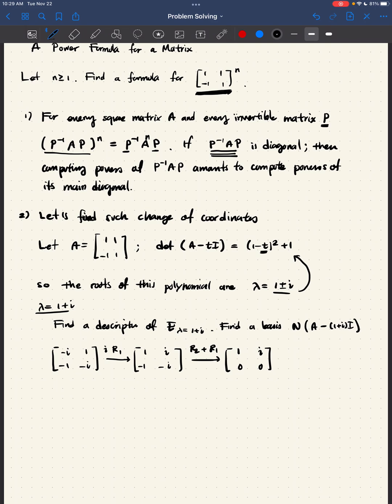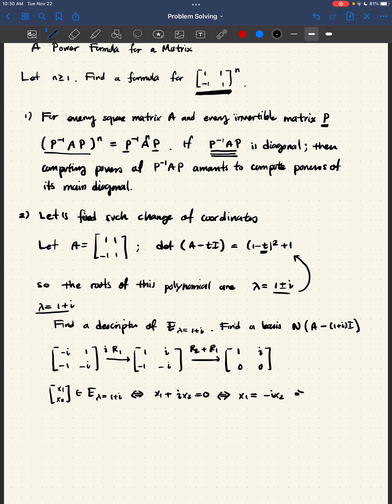So from this reduction, what we see is that a vector x1, x2 belongs to the eigenspace associated with this eigenvalue if and only if x1 plus i x2 is equal to 0. But that is equivalent to indicating that x1 is equal to negative i times x2.